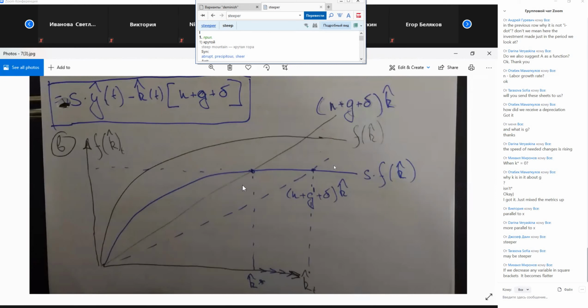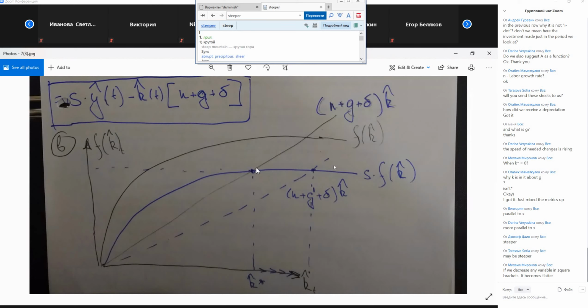And here we basically see that the blue line is a linear transformation of the output. We take this non-linear thing and linearly transform it to the blue line. So it's just the share of the black line. Everything below the black line is the output per unit of effective labor. Everything below the blue line is the savings, which is the same as investment.